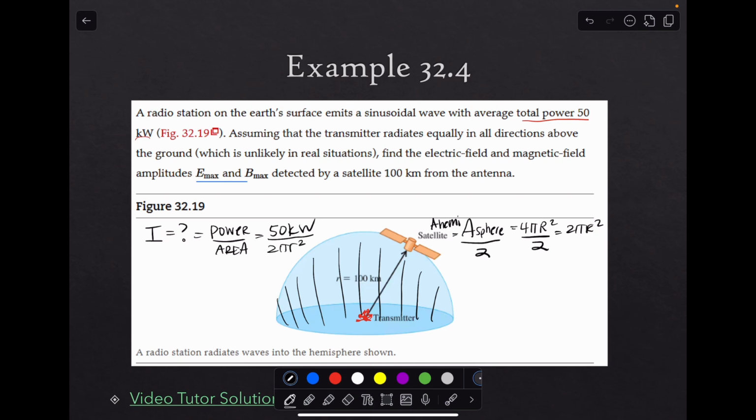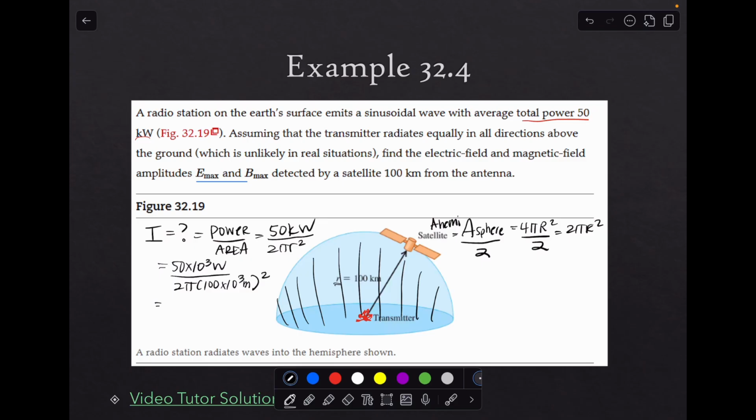I'll change to little r since they use the little r. And so we can figure out the left-hand side because we know the parameters that give us the numerical intensity. It's going to be 50 kilowatts, 50 times 10 to the 3 watts, divided by 2 pi times 100 kilometers squared.